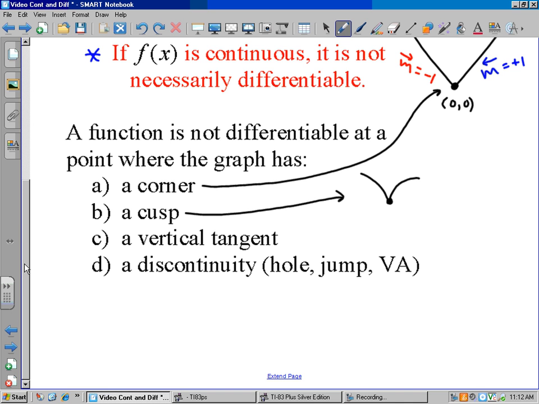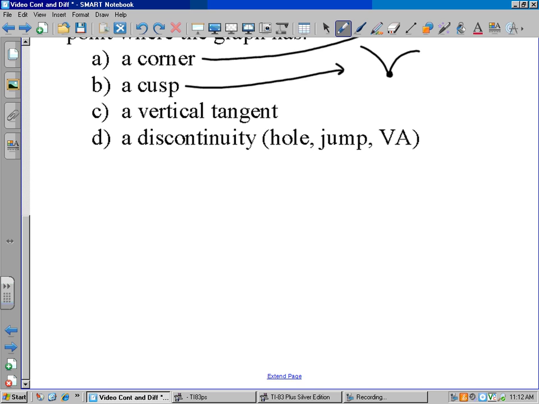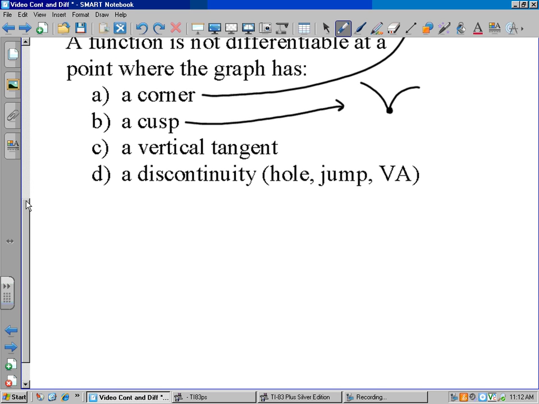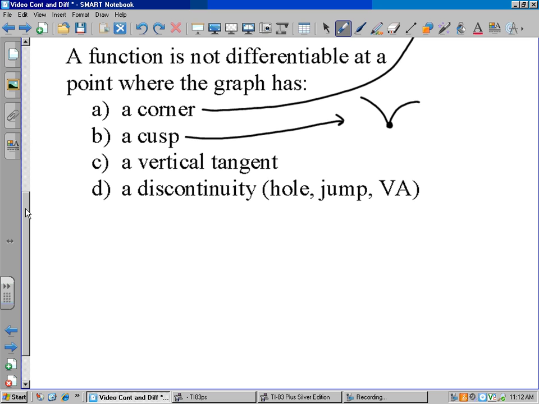A vertical tangent. This is a little tricky, but a vertical tangent is something like this, where the function's cruising along and then all of a sudden it comes up, and when you're looking to find the tangent at this point, it actually is a vertical tangent.